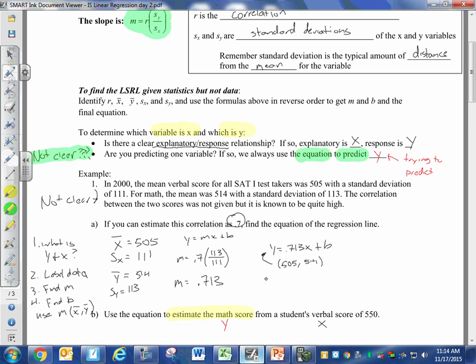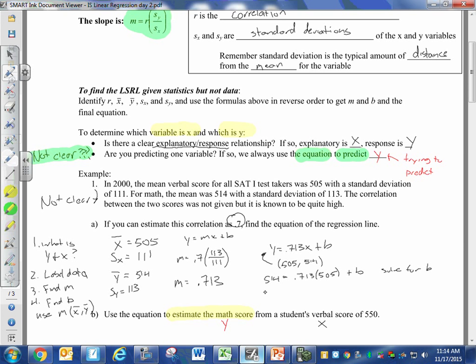Well, I can plug in 514 for y and 505 for x to find b. So 514 equals, that's the y, 0.713 times the x, 505, plus b.